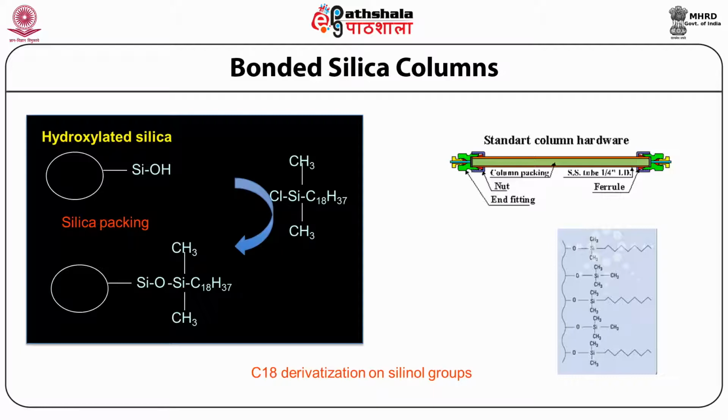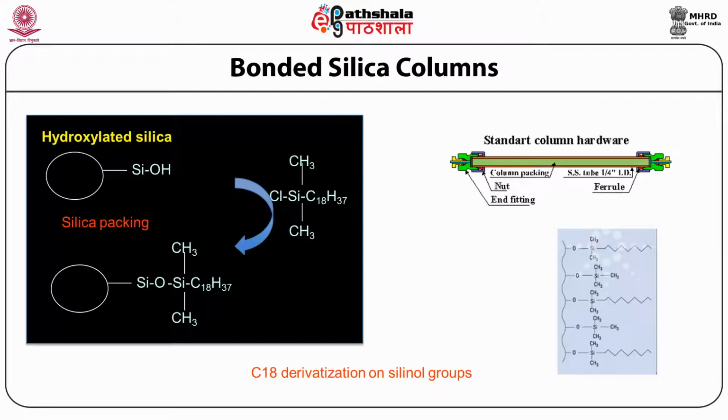Whenever the particle size goes smaller, you get a lot of back pressure. Silica is easily available and chemically inert. It gives enough tensile strength and is a good matrix, fitting all the criteria for a stationary phase material, as it is non-reactive.